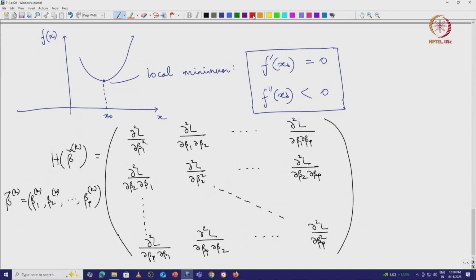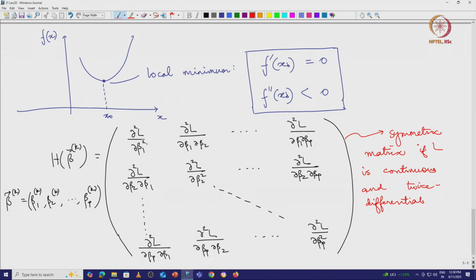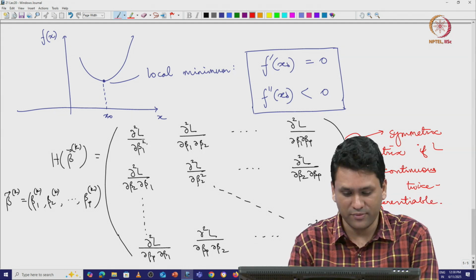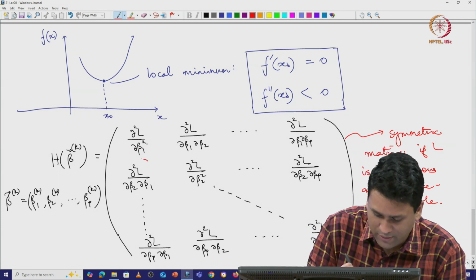So, the Hessian is typically a symmetric matrix if L is continuous and twice differentiable. And that is because if L is continuous and twice differentiable, these second order derivatives will be equal.